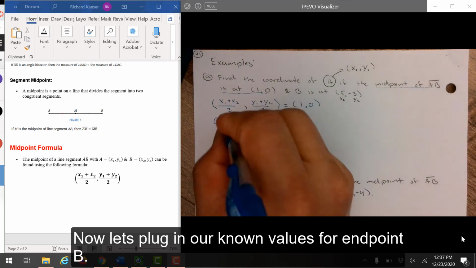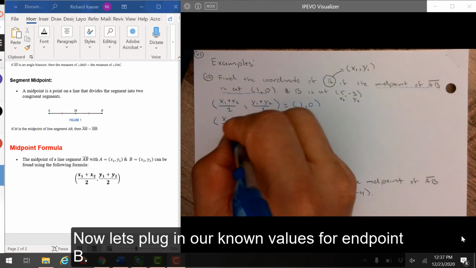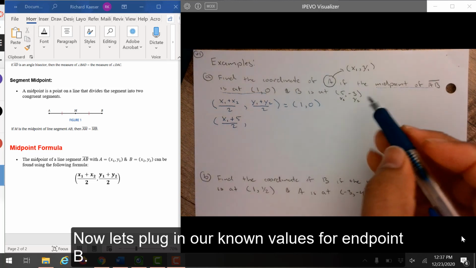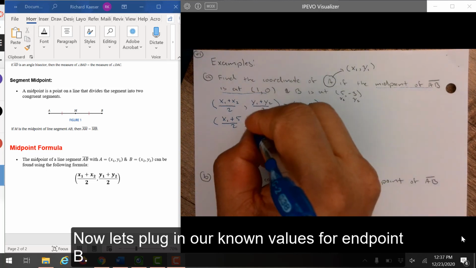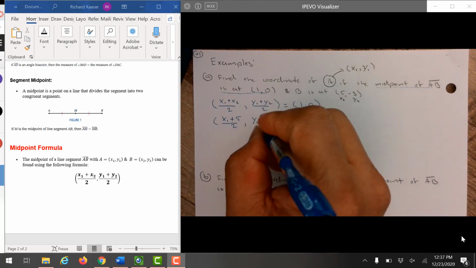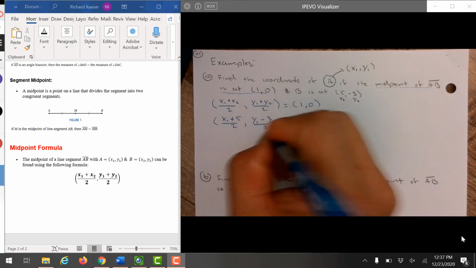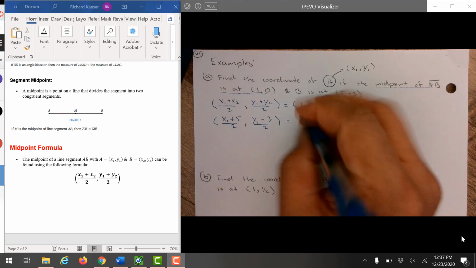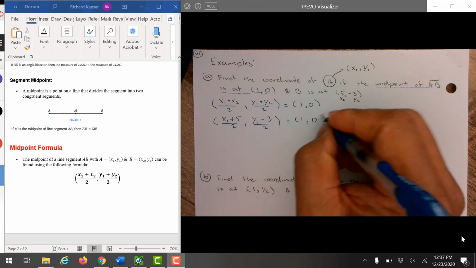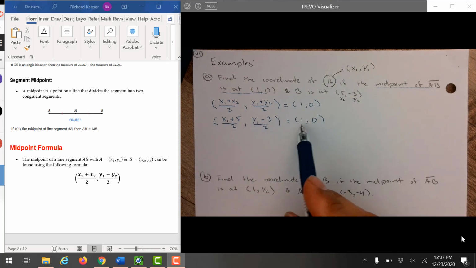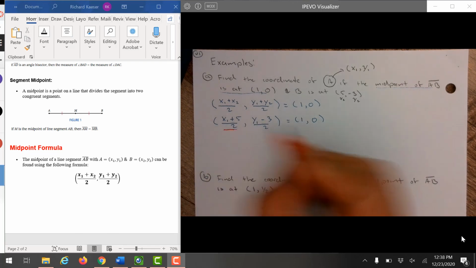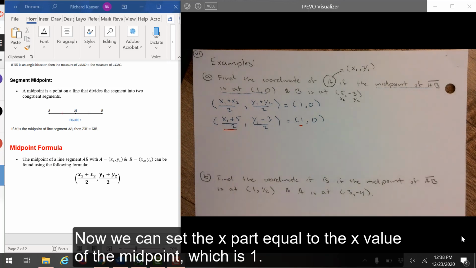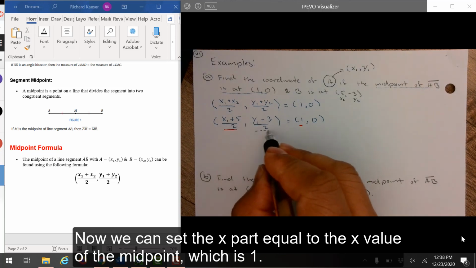Now let's plug in our known values for endpoint B. Now we can set the X part equal to the X value of the midpoint, which is 1.